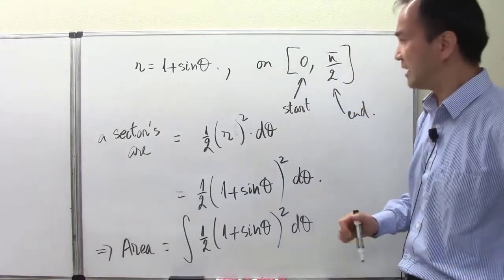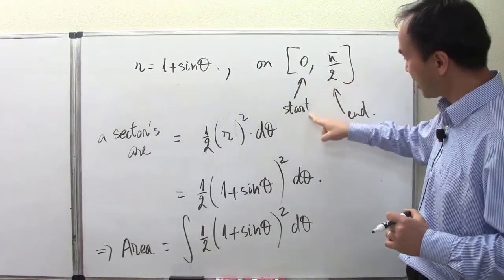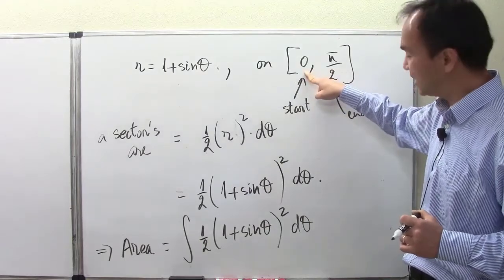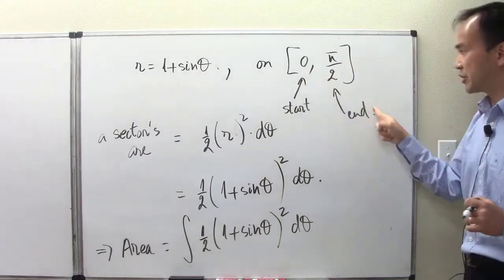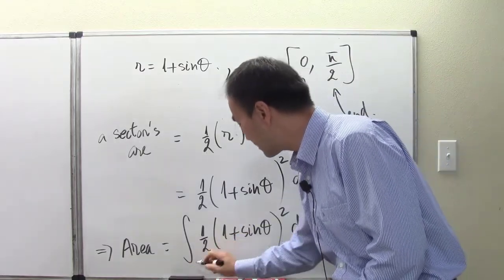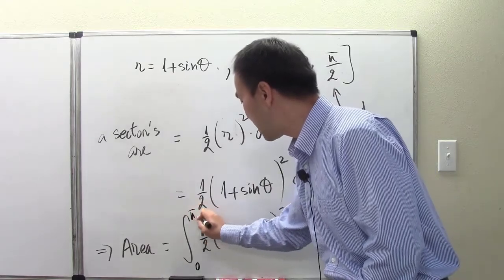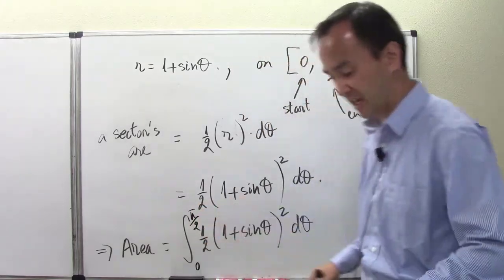The accumulation starts at angle theta 1 equals 0 and ends at angle theta 2 equals pi over 2. We're changing from theta equals 0 to theta equals pi over 2, and that's our setup for the integral.